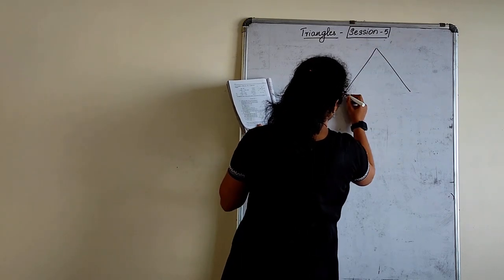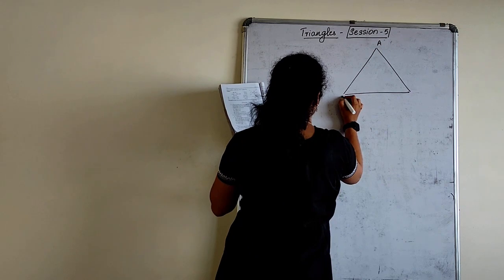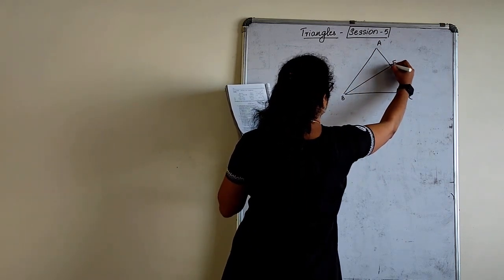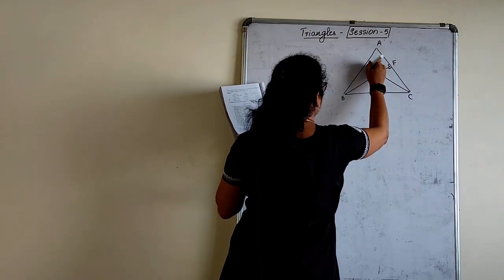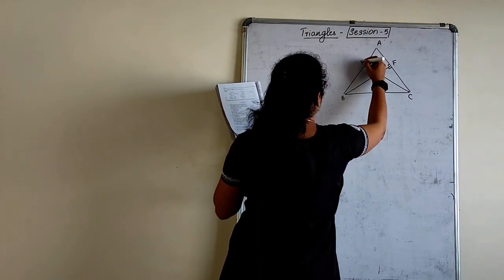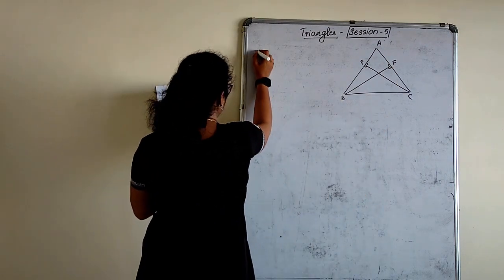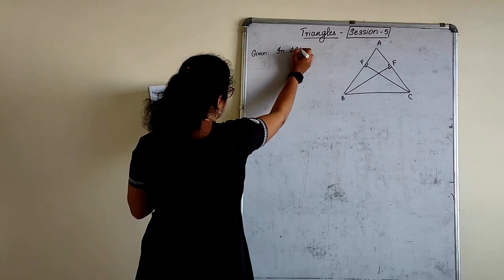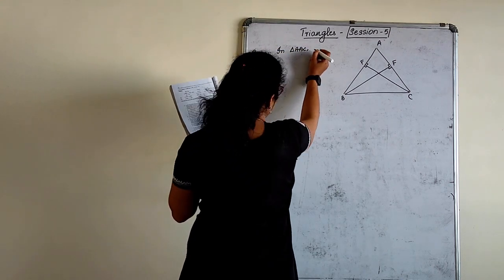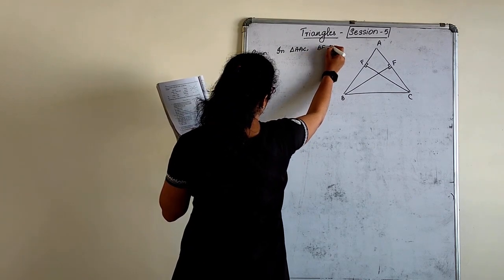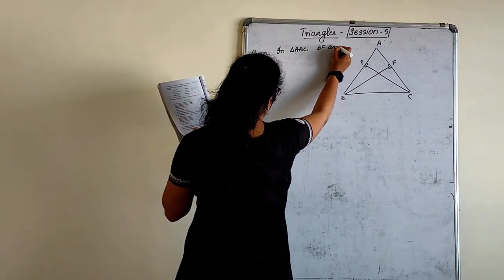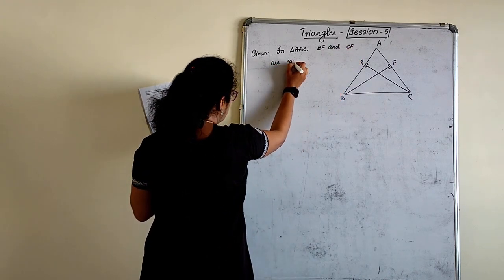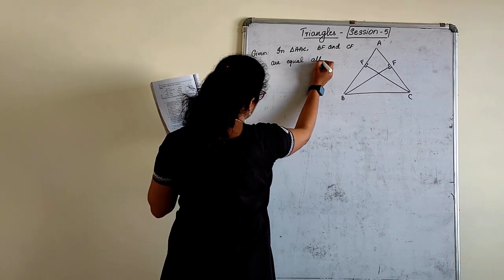So this is a triangle ABC. This is BF and this is CF are the two equal altitudes given. In triangle ABC, BF and CF are equal altitudes.